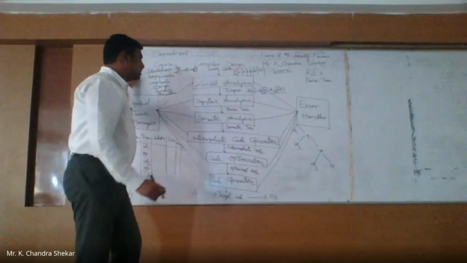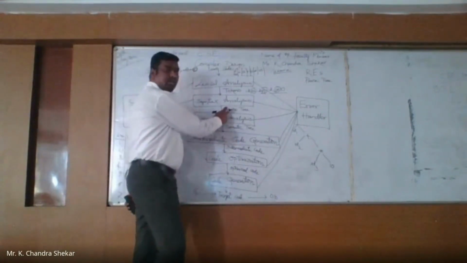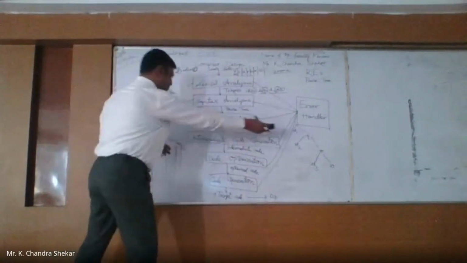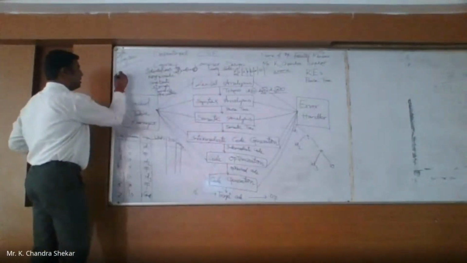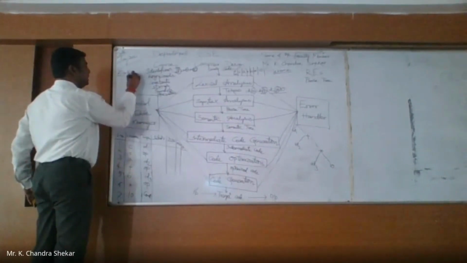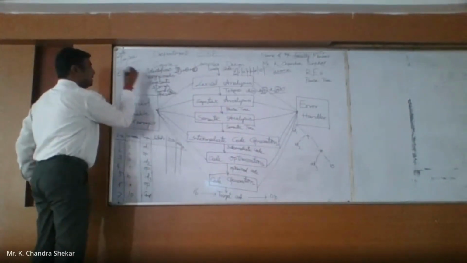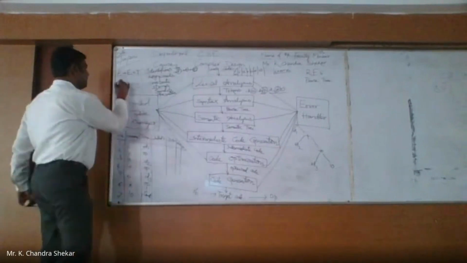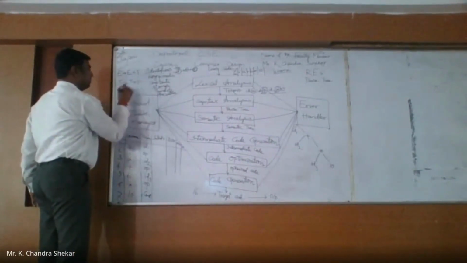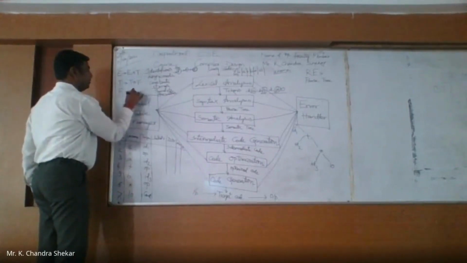In context-free grammars, you have grammar symbols. For example, for the same thing I have drawn, hope you remember: E goes to E plus T, T goes to T star F, and F goes to ID.